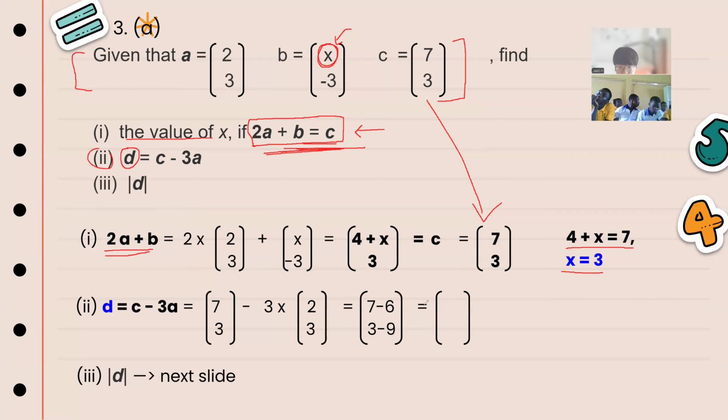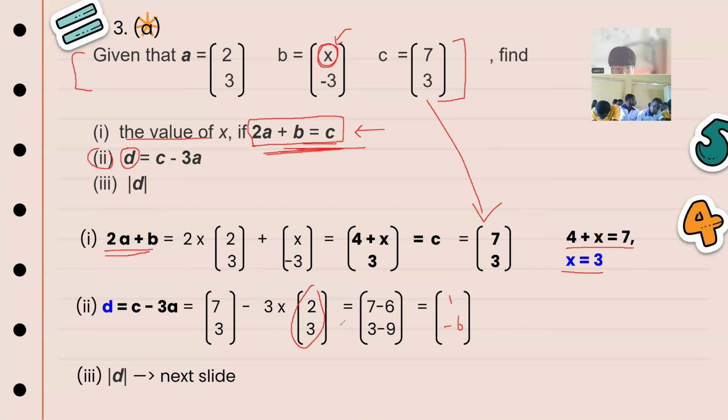Here is (1, -6). Yeah, that's right. That's great. It's (1, -6). Great job. Because we have c, which is (7, 3), and then we're subtracting 3 times a. 3 times a was (6, 9).